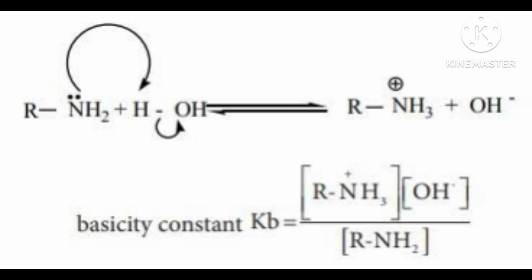This you don't forget, don't confuse. Both are telling for a stronger base only. If pKb value is less, correct, then this is also strong. Any one you remember, then you will not get confused.